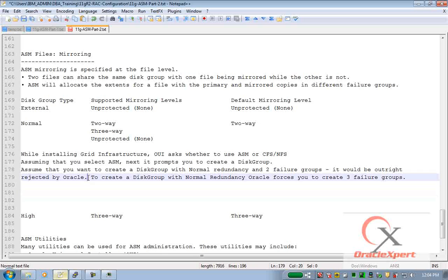It won't move further until you create a disk group with normal redundancy, but with at least 3 failure groups. This is not mandatory, right? Oracle allows you to create a normal redundancy disk group with 2 minimum failure groups, but during installation it doesn't allow you. It says normal redundancy is okay, but 2 failure groups are not okay. I need 3. Question is why?